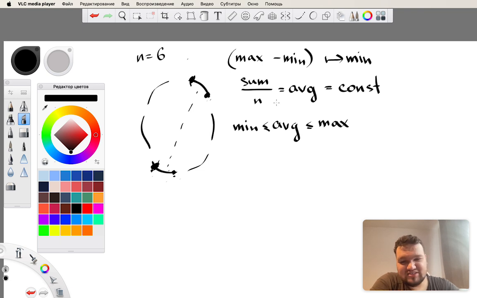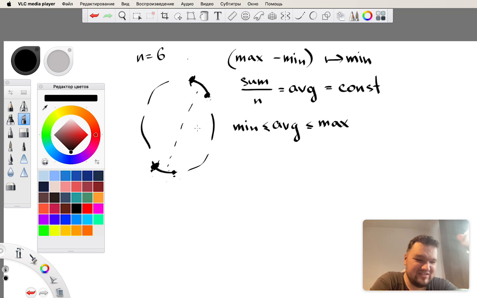All the reasoning with the average is true for just these four guys and two tables: the maximum and minimum they contribute have an average between, and moreover the sum of maximum and minimum is constant, so minimizing the maximum automatically maximizes the minimum. So if n is even, it's very simple.